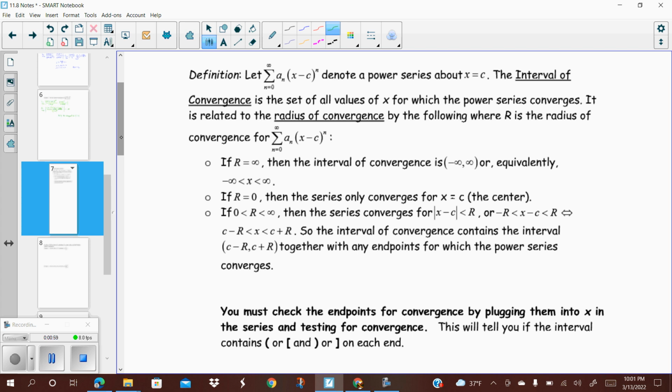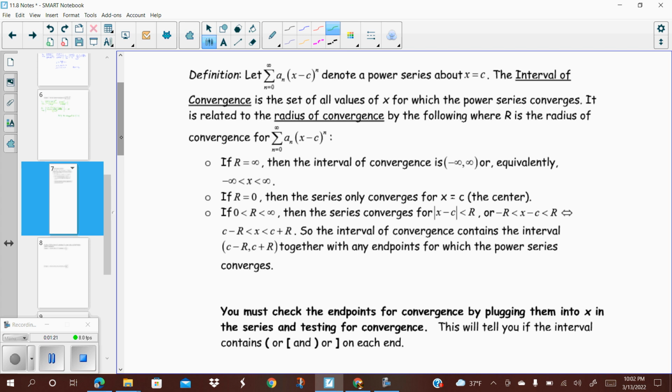When you get one of those, you actually have to test the 2 endpoints of your compound inequality to see whether it's actually convergent or divergent at that particular endpoint, because everything in between will be convergent. It's just going to be whether it's convergent at the endpoints that we have to check.